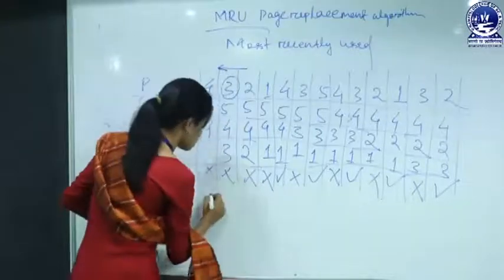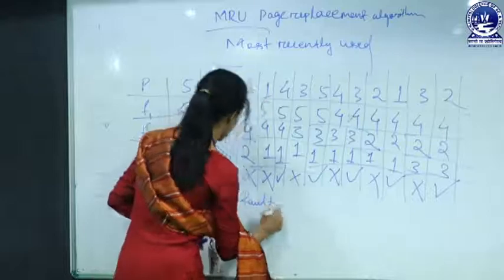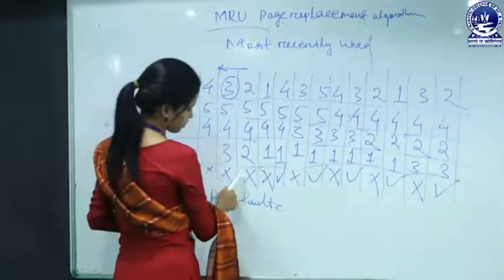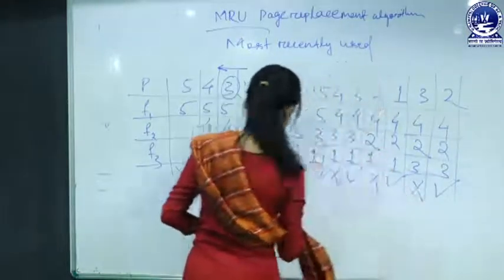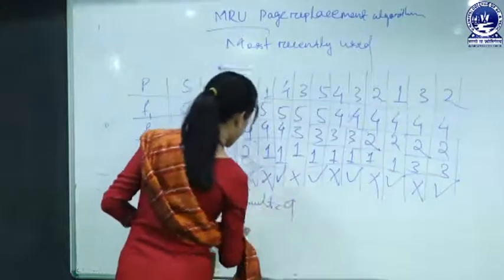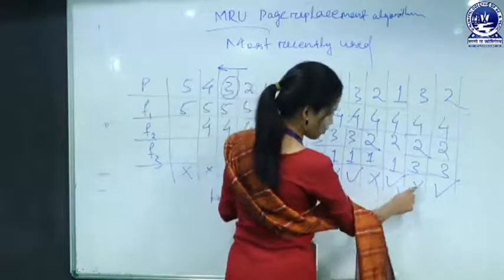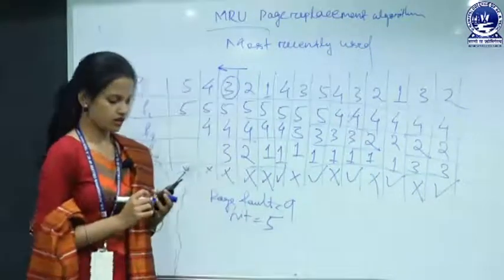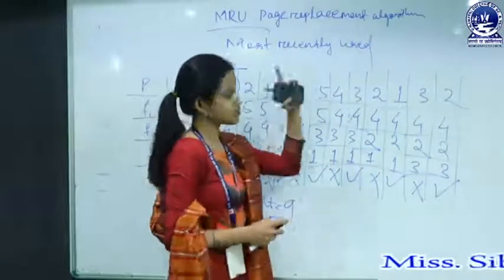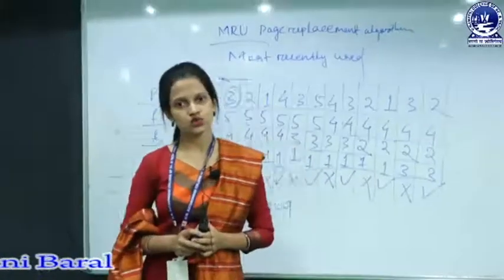Okay, so count the page faults. Page faults are 1, 2, 3, 4, 5, 6, 7, 8, 9, and the number of hits is 1, 2, 3, 4, 5. So this is all about the most recently used, or MRU, page replacement algorithm and Belady's anomaly. Okay, so see you in the next one. Thank you.